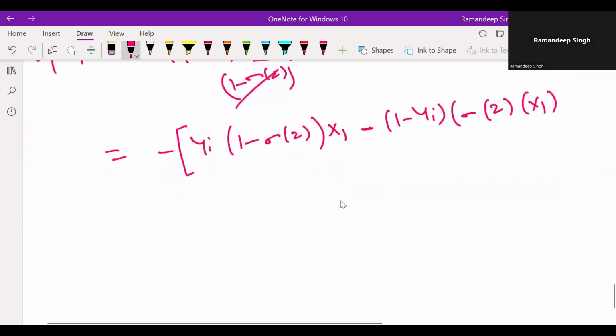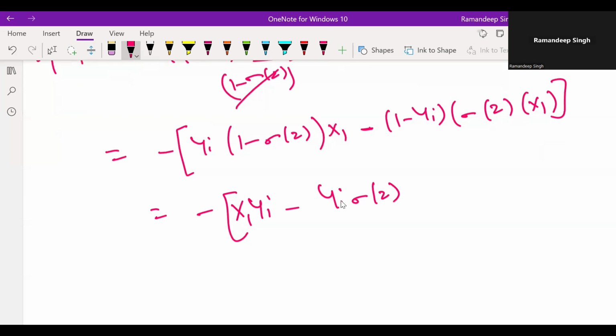I can further simplify it. This will become negative of yi minus yi sigmoid of z, and x1 can be multiplied on both sides, minus this term multiplied with this, so sigmoid of z into x1, and this is negative yi sigmoid of z x1, right?